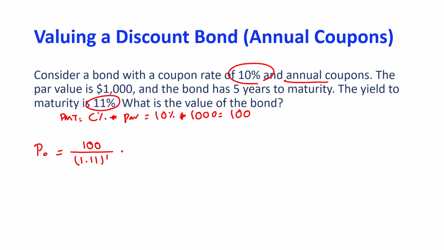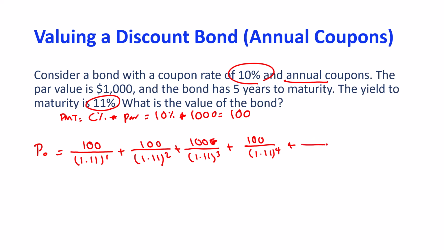Your discount rate, the rate of return that you use, is the yield to maturity. So for year one, and then same thing for year two, three, and finally for the last year, you receive the last coupon plus the $1,000 face value.